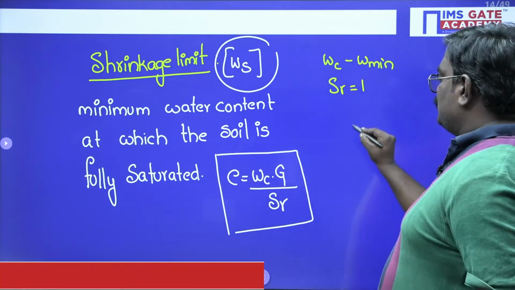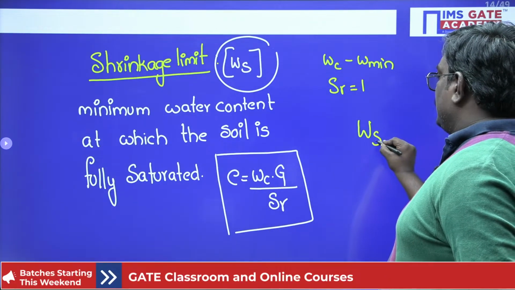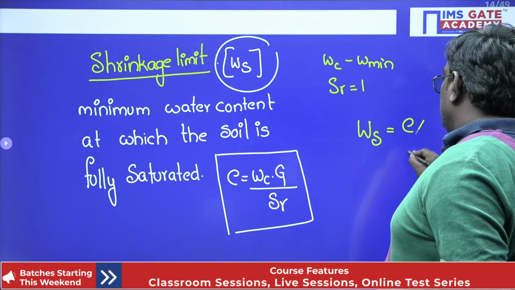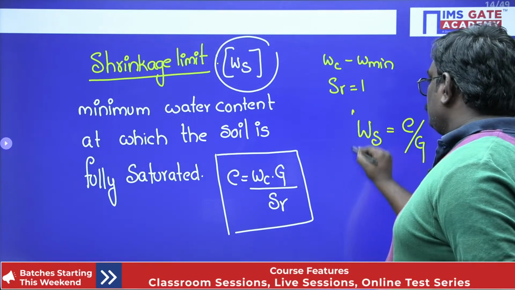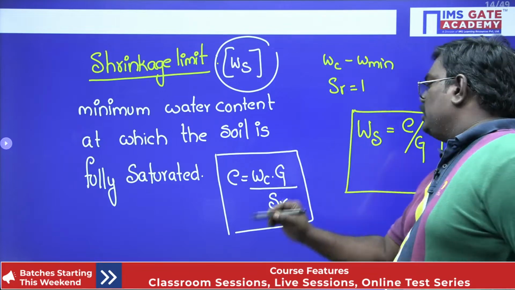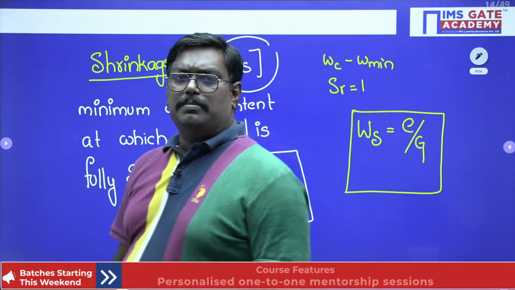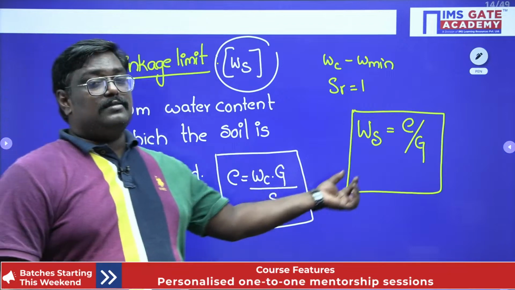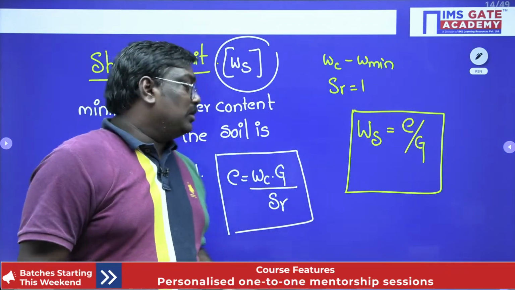So from this formula we can write shrinkage limit WS is equal to e upon G. Shrinkage limit is written by the formula e/G.